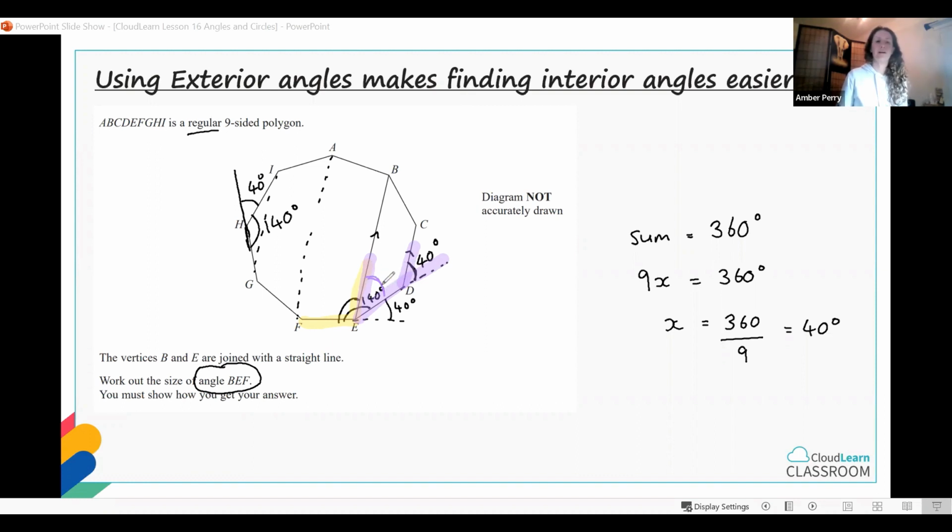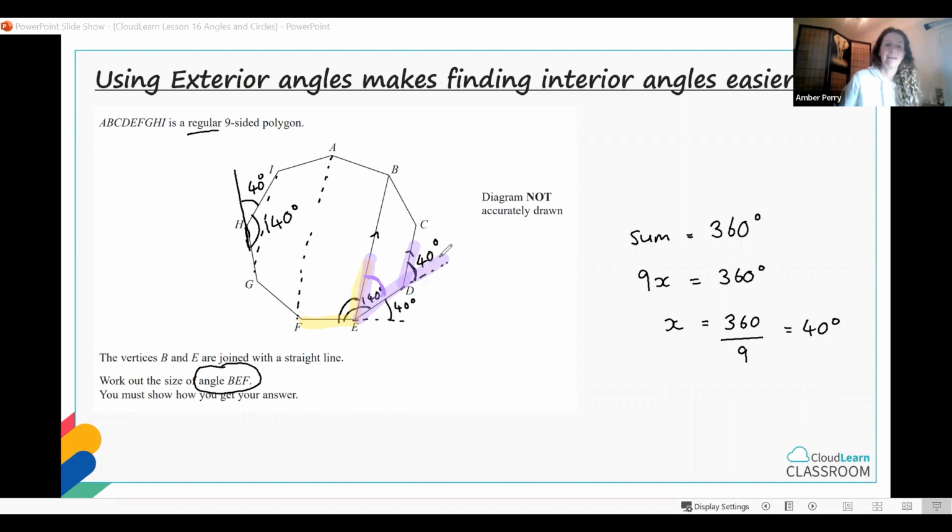How do I use them? What do I know about corresponding angles? How do I use them to find out what BED is? Or just tell me what BED is if you prefer. Anyone want to have a guess at what BED is?